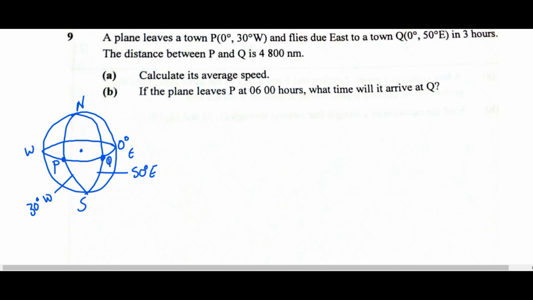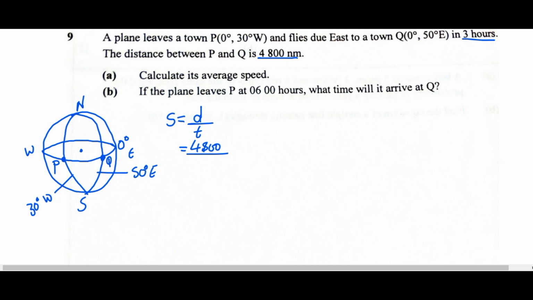Calculate its average speed. We know that speed is equal to distance over time taken. The distance we are given is 4,800 nautical miles over the time we are given. We are told a plane leaves town P and flies due east to town Q in 3 hours.